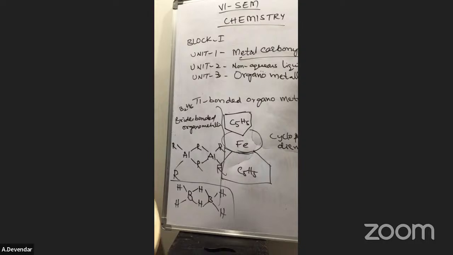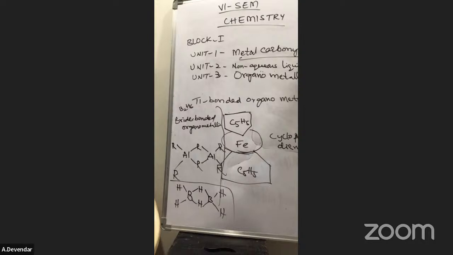Next is the classification of solvents, a short bit. After that, there is one more question in the second chapter: liquid ammonia as a solvent and liquid hydrogen fluoride as a solvent. That is a 10 marks question.